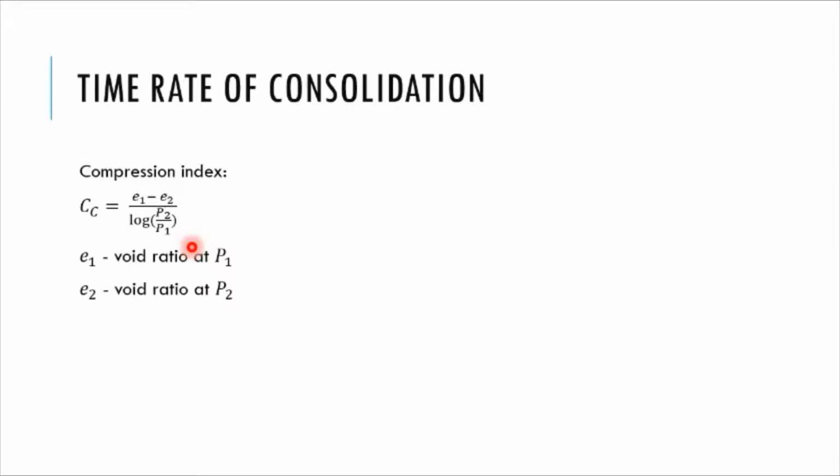So this is the one used in the laboratory. If we have pressure 1, this will be the void ratio at pressure 1, and then we apply load again at the soil sample, and the void ratio will change again. This will be e sub 2, and the pressure applied at e sub 2 is P sub 2.